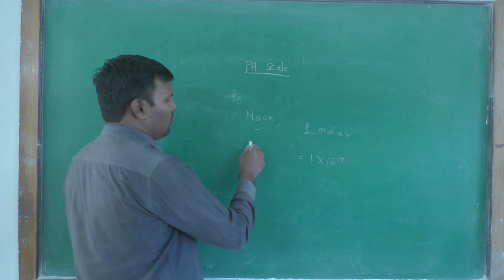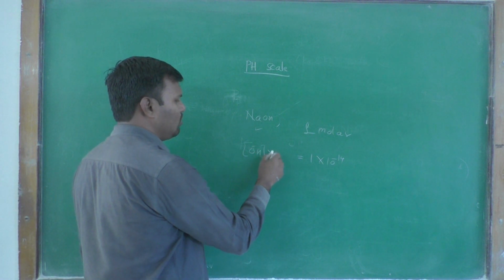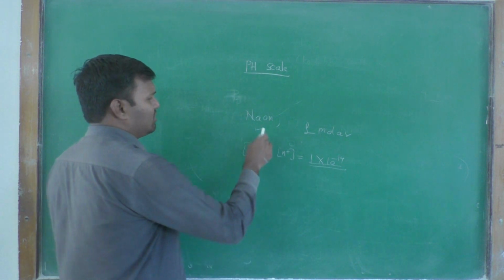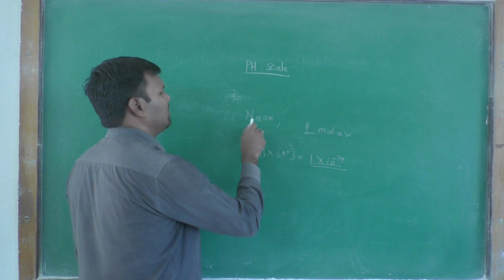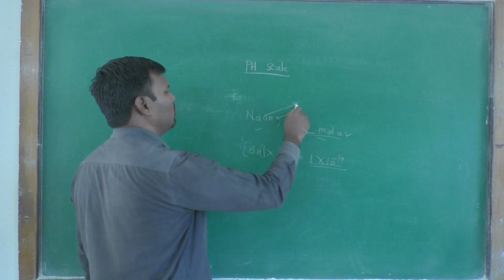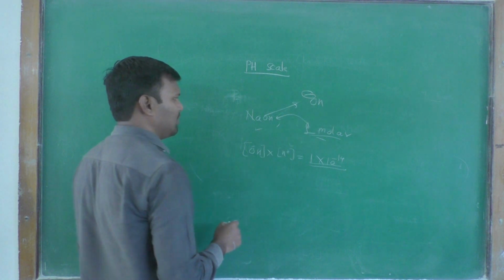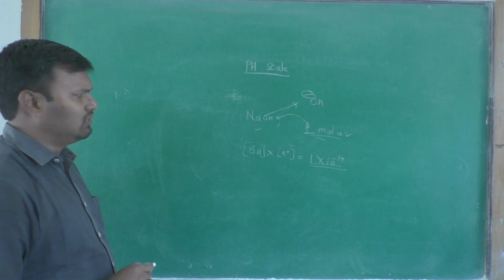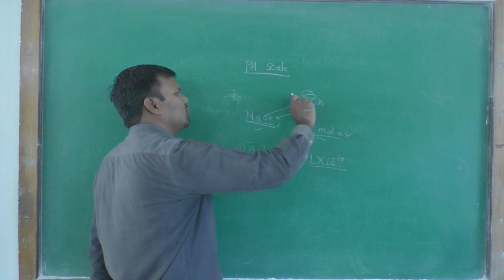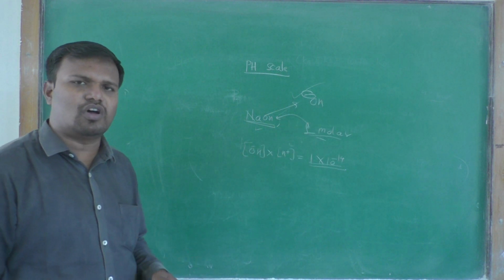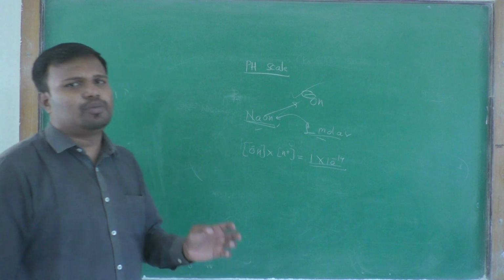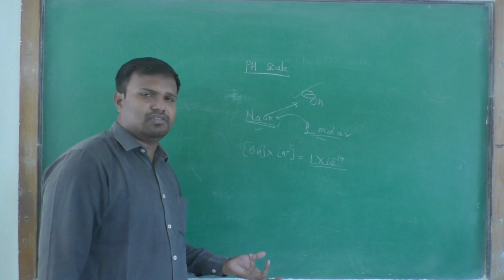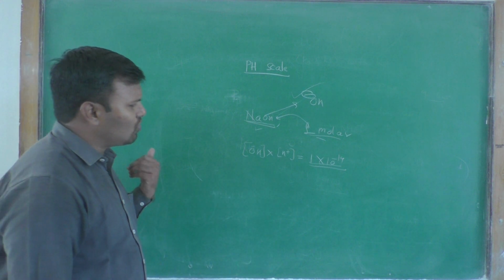Therefore OH minus concentration into H plus concentration is equal to the ionic product of water. In this case the OH minus concentration is 1 molar, since 1 molar NaOH produces 1 molar OH minus because it is a strong electrolyte. A strong electrolyte tends to produce almost all of its ions. HCl produces all the H plus ions, and NaOH produces all the OH minus ions.